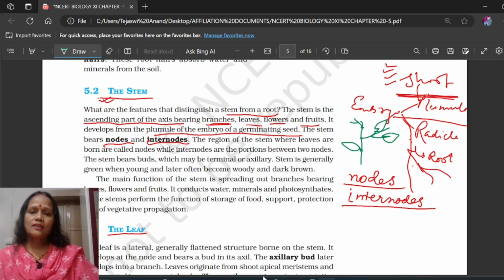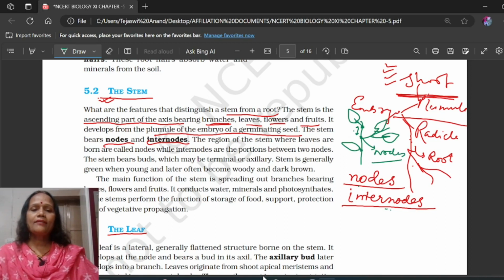You can see the leaves arising on this point. So the point from where the leaves arise is called a node. इस point को ही हम लोग nodes कहते हैं. But the distance between two nodes is called an internode. So nodes and internodes are very important features to identify that it is a stem.